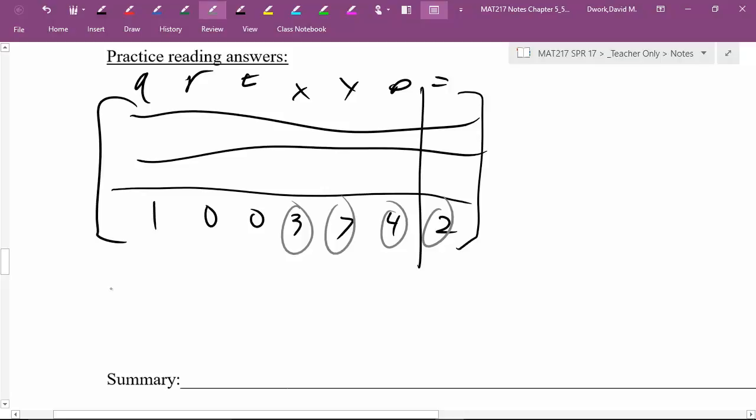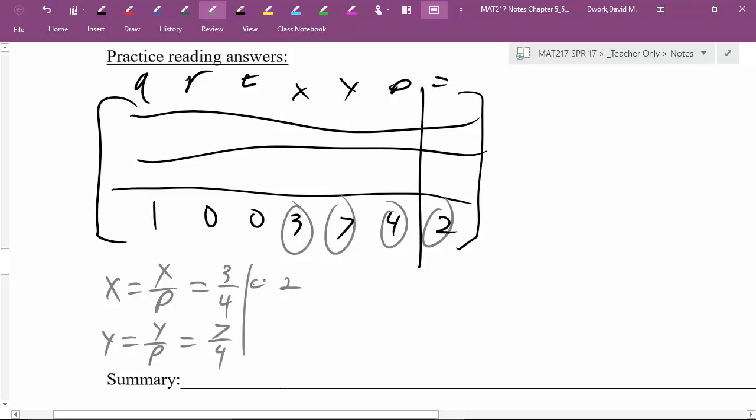Anyway, let's figure out the x value. How you get the x value is your x divided by the p. It's the value in your x column divided by the p value. So that would be 3 divided by 4. Then the y value is the exact same thing. It's the y divided by p, so that would be 7 divided by 4. And last but not least, our equal sign would be 2.